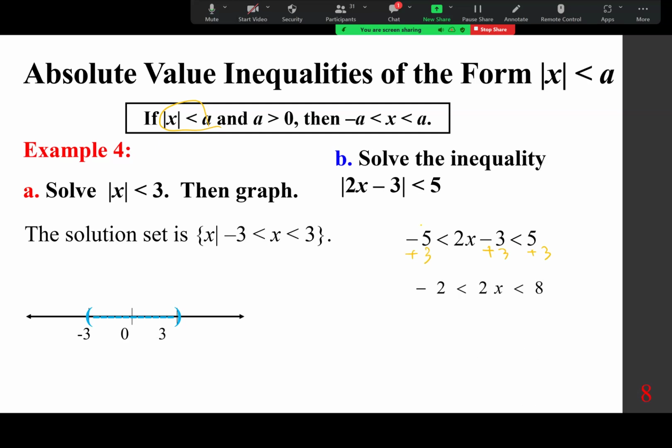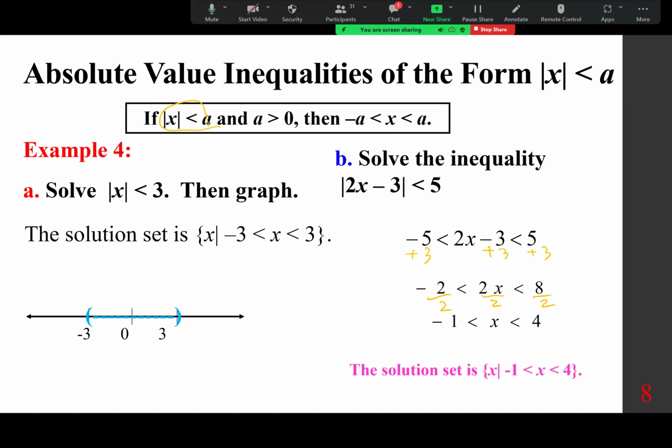We get -2 less than 2x less than 8. We are going to divide every side by the number 2. When we divide by a positive number, the sign remains unchanged. If you divide or multiply by a negative number, it flips over. Be careful with that. So we get -1 less than x less than 4.